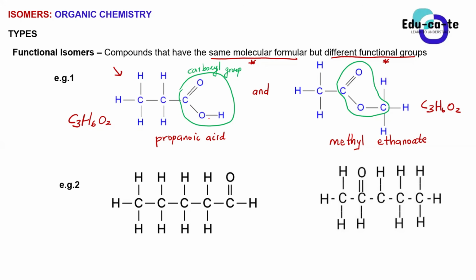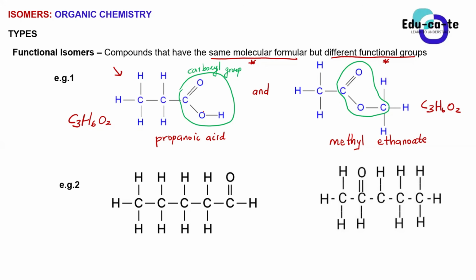That's why we say that these are the compounds that have the same molecular formula. They have the same number of carbons, same number of hydrogens, same number of oxygens. But when it comes to the structure, the way they look, they've got different functional groups. The first one is a carboxyl group, making it a carboxylic acid. The second one is an ester link, making it an ester.